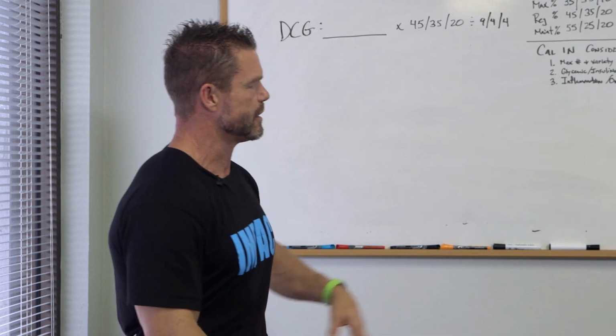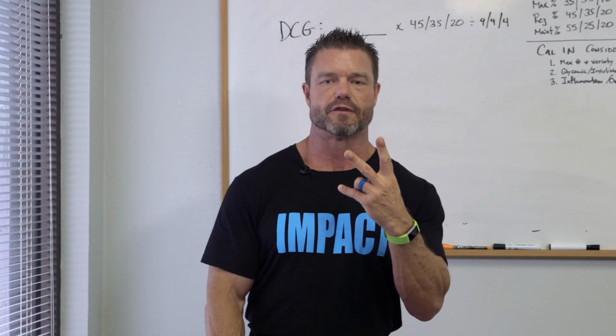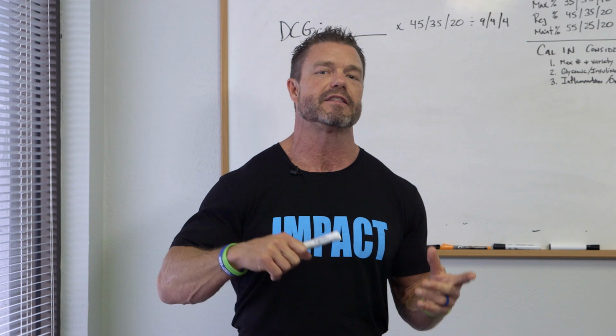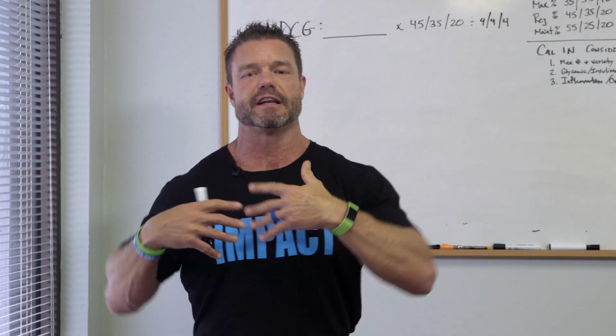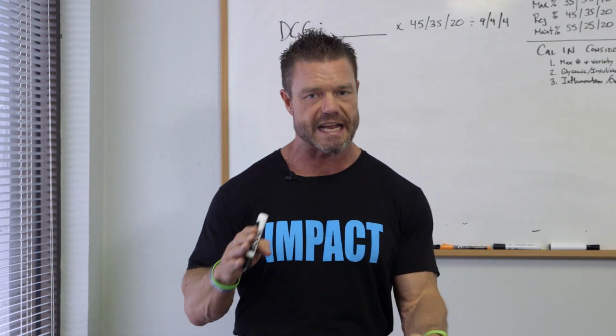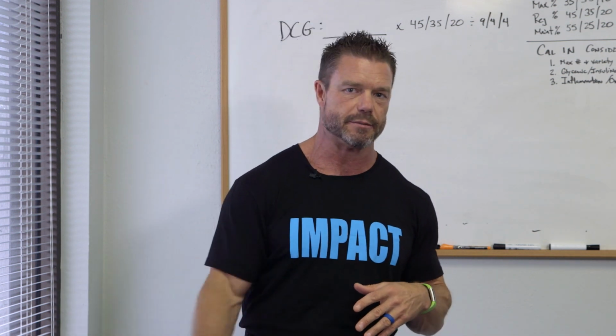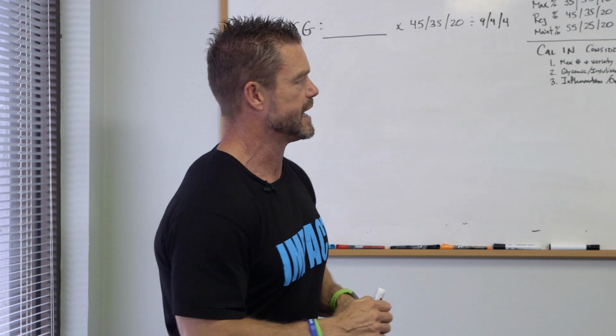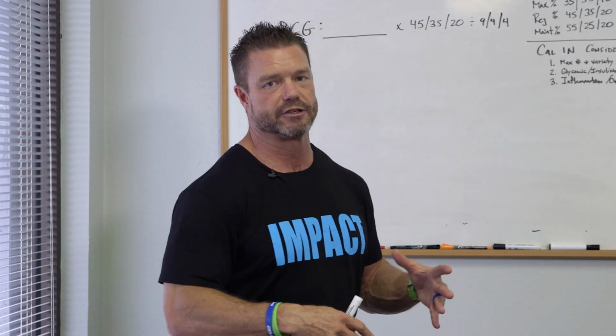Calorie in consideration number 2, which you've heard me talk a lot about, is the glycemic index and the insulinogenic index. Basically, how fast something will raise your blood sugar and how much insulin it will trigger your body to produce. So those are 2 things to understand: the insulin index, the glycemic index of foods, and how those will impact your body.